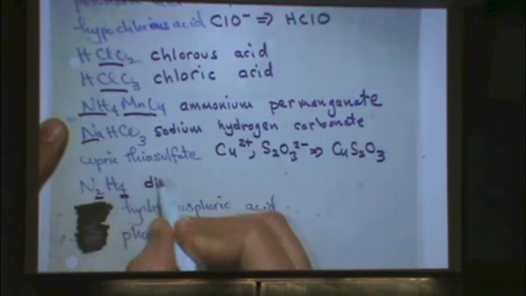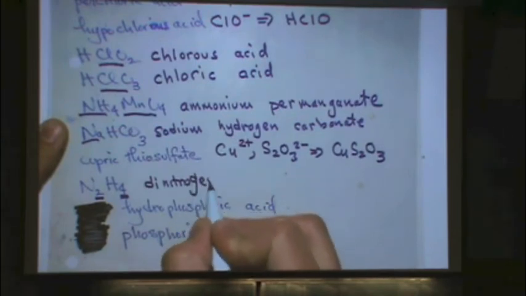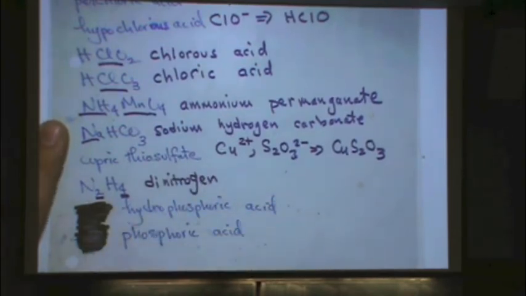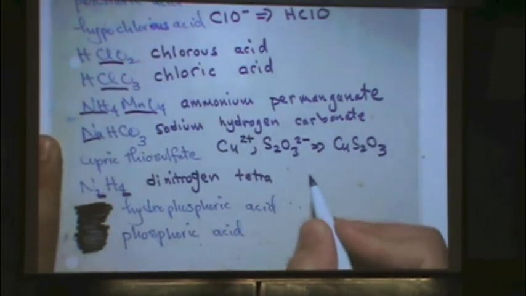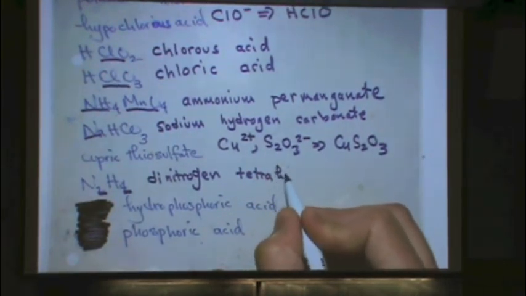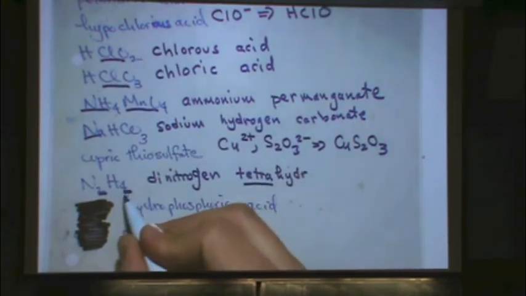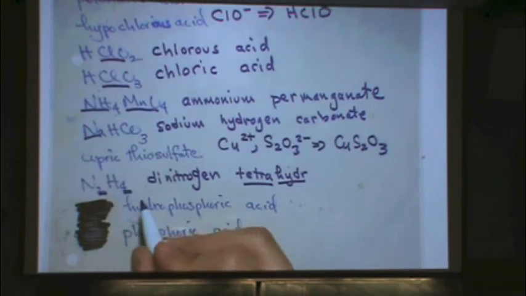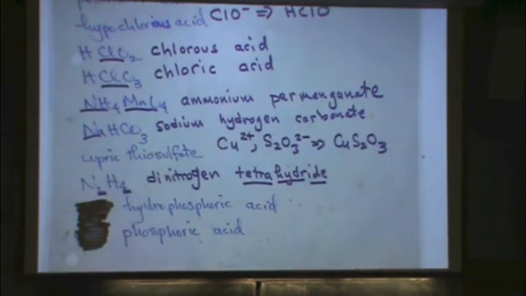So we'll say dinitrogen, again, because it's molecular. Tetra for 4. And then the stem, hydr, for hydrogen. So tetra is the number, hydr for the stem of hydrogen, and then ide as the given suffix. So dinitrogen tetrahydride.